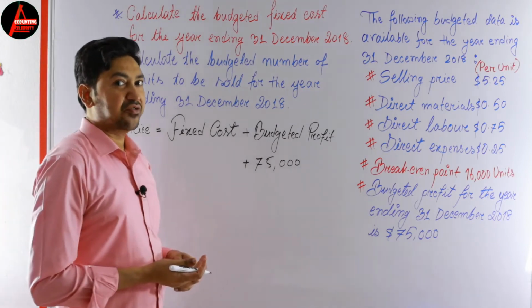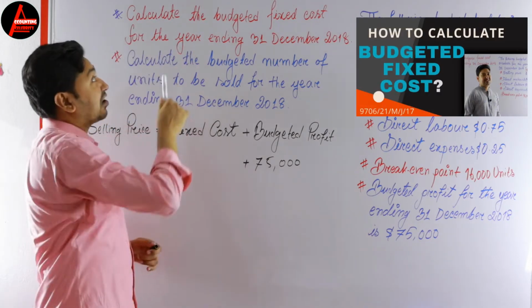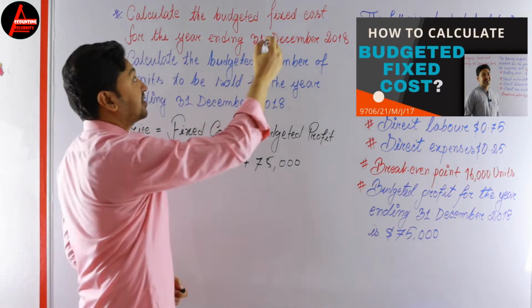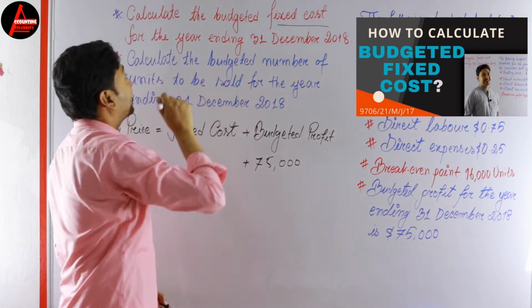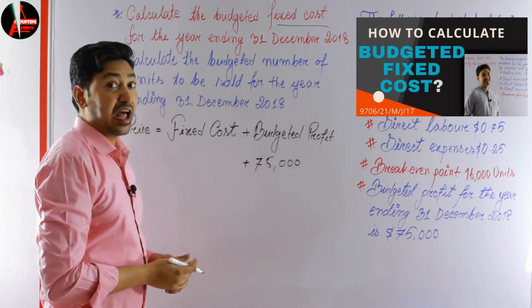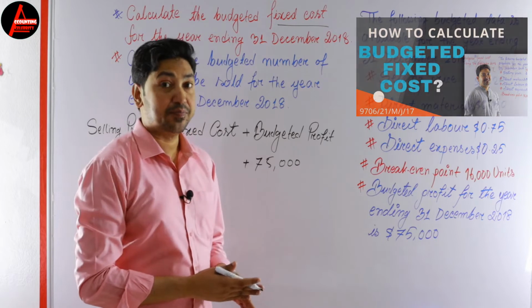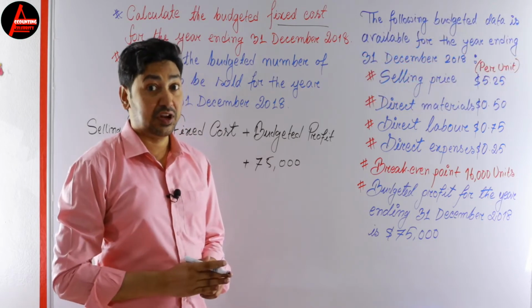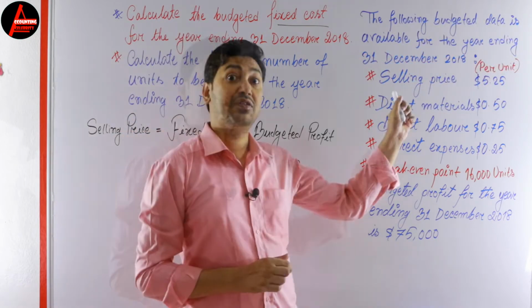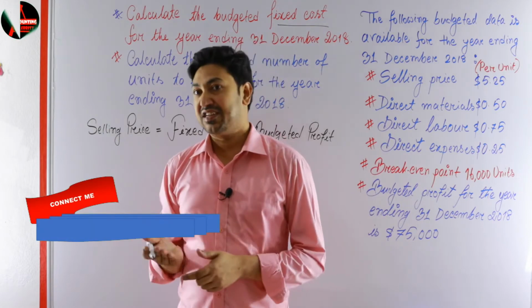So how to figure out fixed cost? So look at here in this question. Calculate the budgeted fixed cost for the year ending 31st December. So already we calculated budgeted fixed cost in our previous video. If you did not watch that video, I'll link to that in the I button. You can watch it. Then you come back to this lesson.